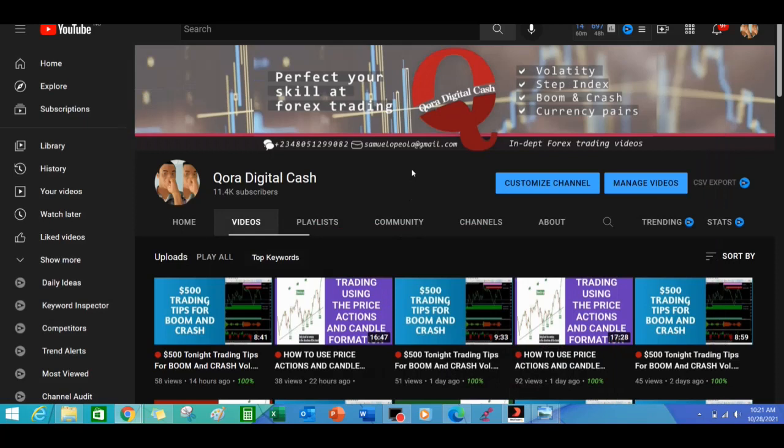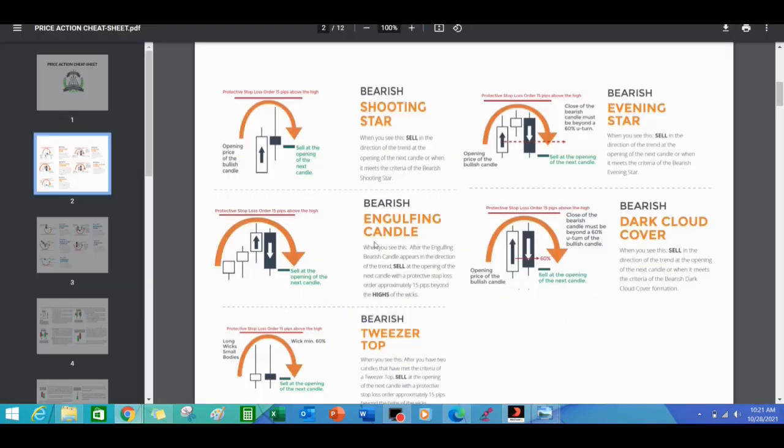Okay guys, so we will be going straight into what we have right away. A few days ago I started a training on the price action and candle formation. Like I said, it is the price action that leads to candle formation, and there are some specific patterns of the candle that you need to see for you to know if there will be a breakout, if the trend will be changing, if there will be a pullback, and when you should go into the trade and when you should exit the trade.